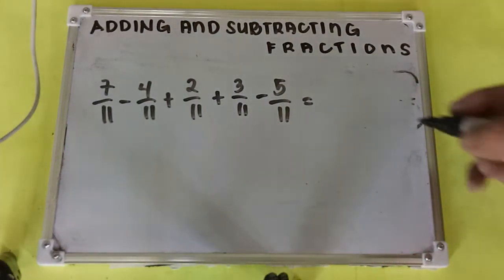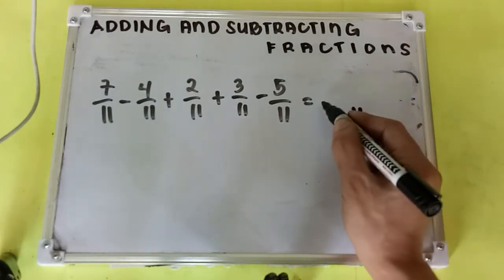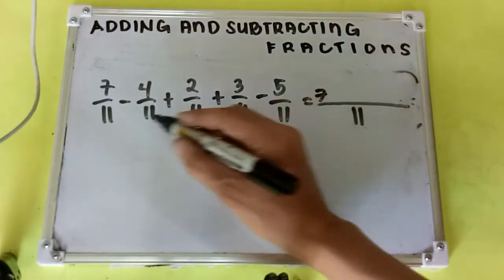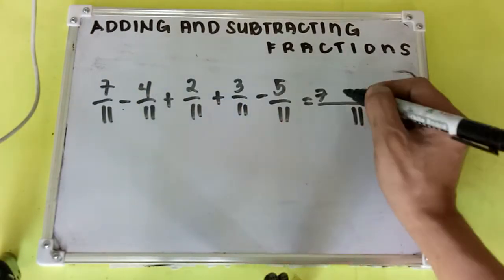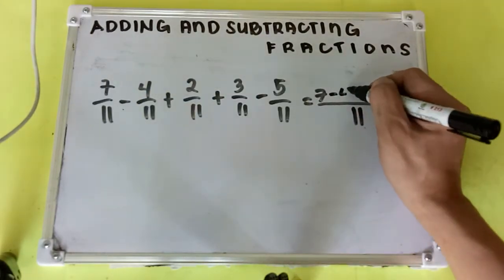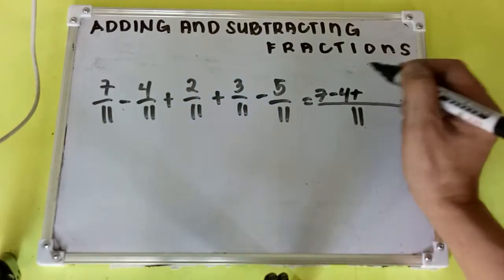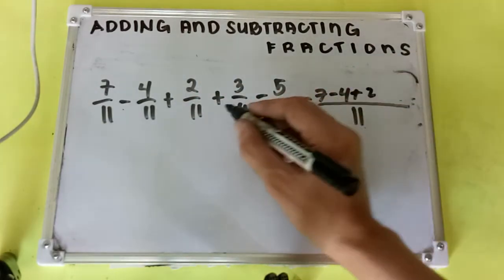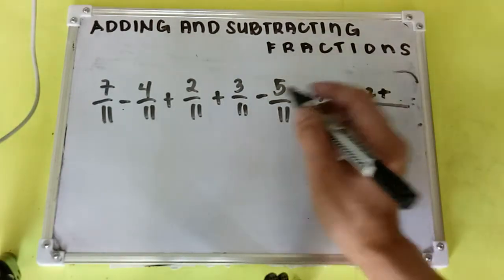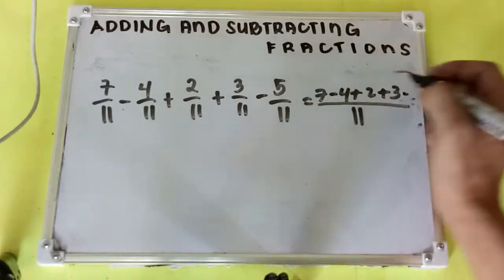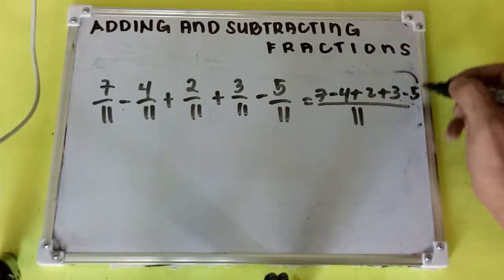Kasi nga, kokopyahin nyo lang naman yung denominator na 11. And then, 7. Operation niya ay minus, nakasunod. And then, copy 4. Then, ang susunod na operation is plus, so addition. And then, 2. And then, plus ulit. And then, minus. Plus 3. And then, minus. Then, the last term is 5.